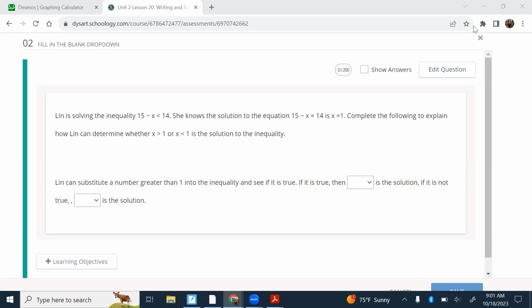Give me an example. 2. So if I plug it into the inequality, it would be 15 minus 2, which is what? 13. Is 13 less than 14? So then what this is saying is if it is true, then it is or is not a solution. So x greater than 1.